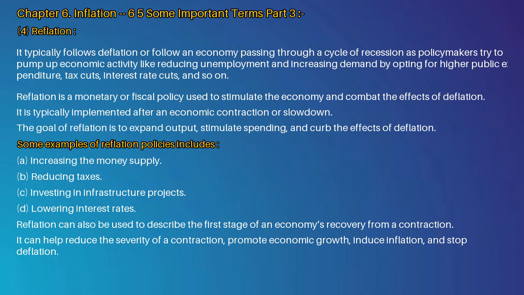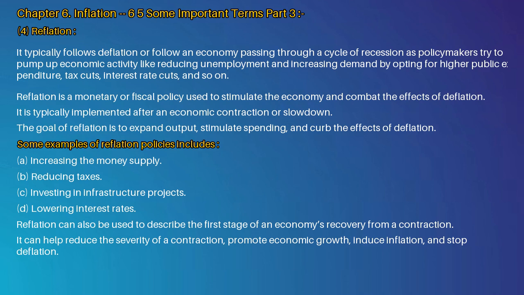Some examples of reflation policies include: a. Increasing the money supply. b. Reducing taxes. c. Investing in infrastructure projects. d. Lowering interest rates. Reflation can also be used to describe the first stage of an economy's recovery from a contraction.